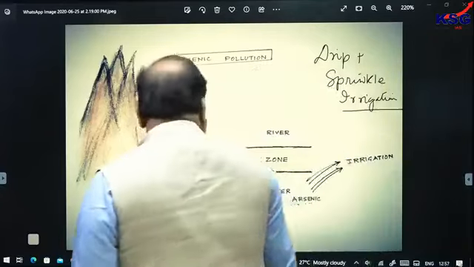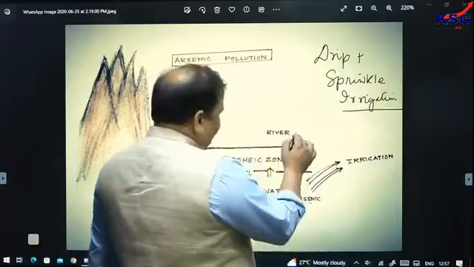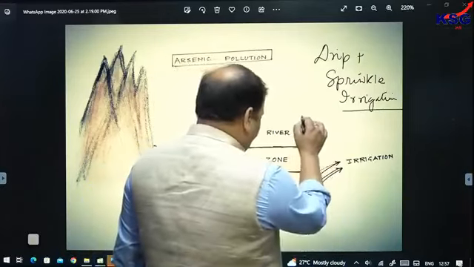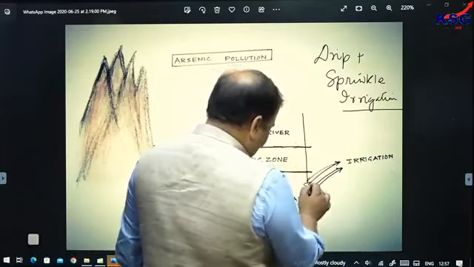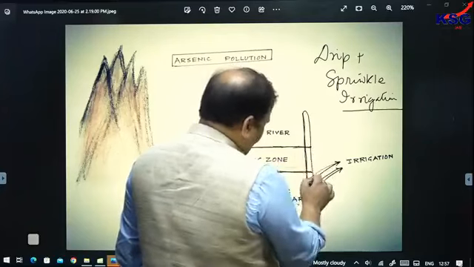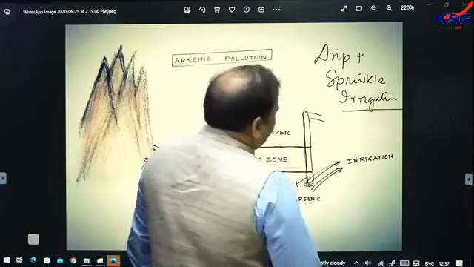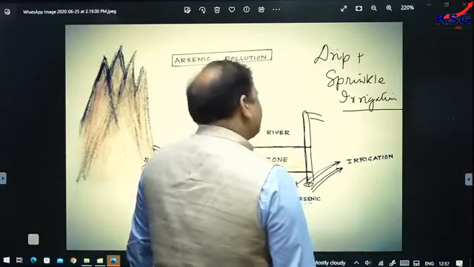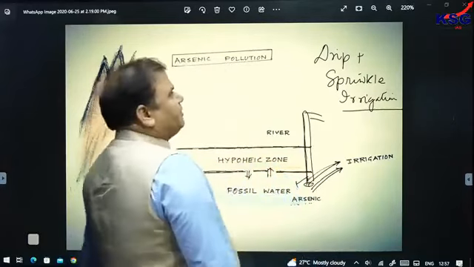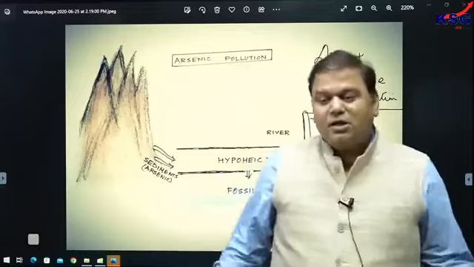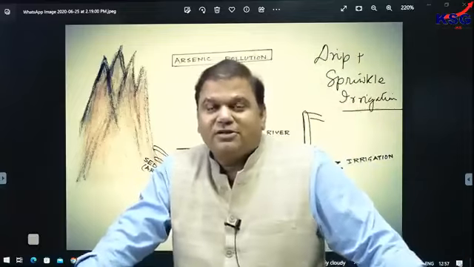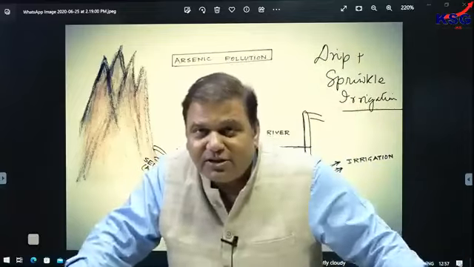But then we can indulge in one thing. We would be using shallow tube wells. Through shallow tube wells, we would be withdrawing water from the upper part of the underground water. So that's not a remedy as such, but can be used as a precautionary measure.